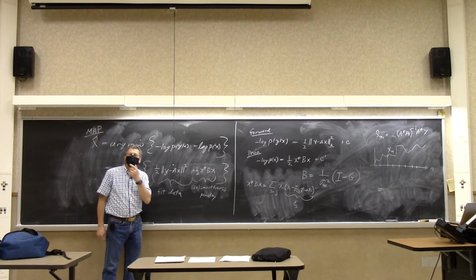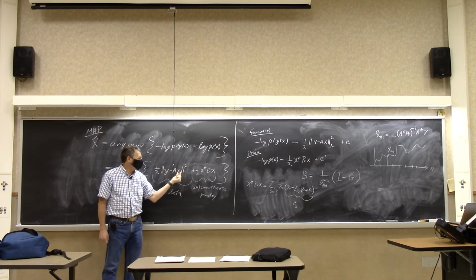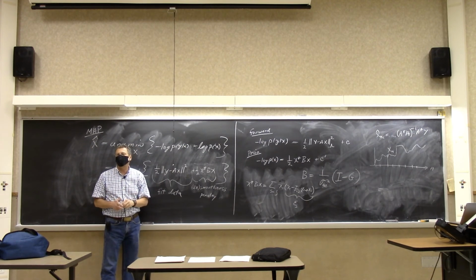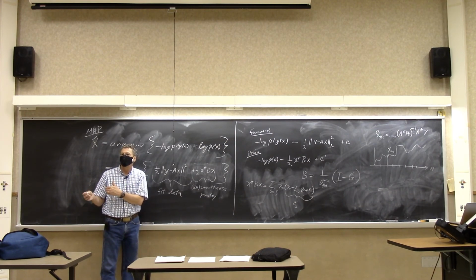When you do a least squares fit, x would be the actual parameters of the fit. In that case, making them smooth would seem to be a bizarre thing, because they're not spatially ordered. Those would be the coefficients of the polynomial.